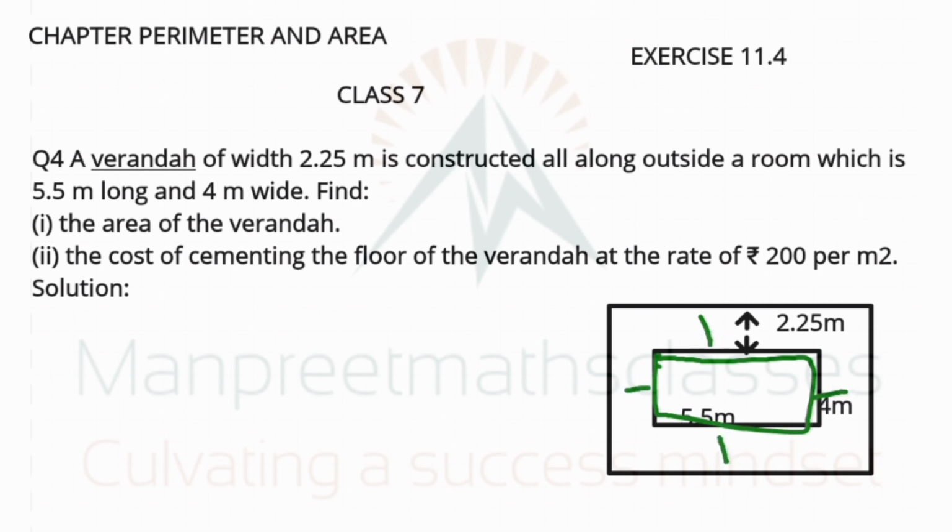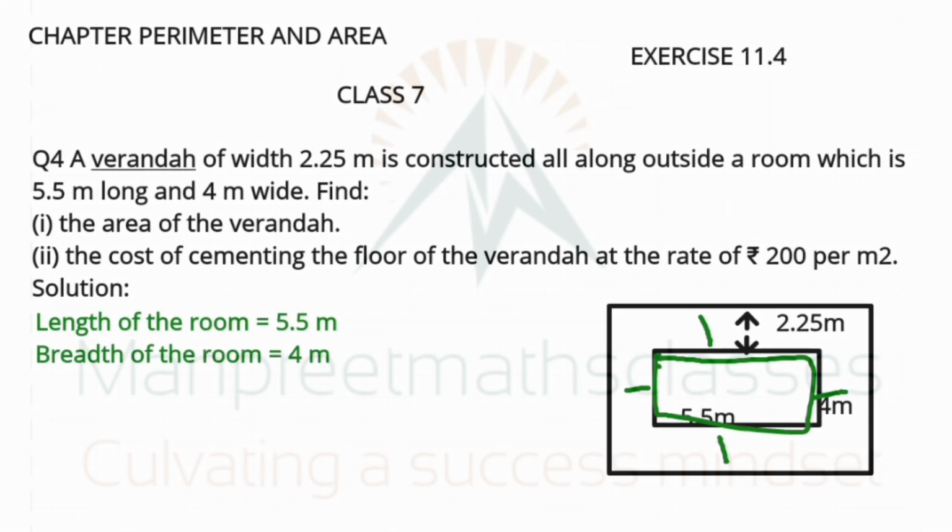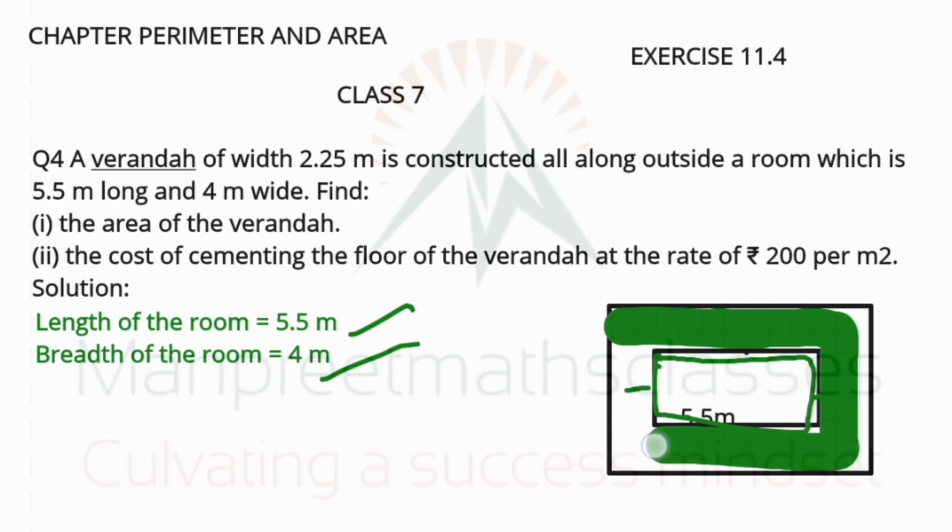Now what the question is asking, first they are asking us to find the area of veranda. So first of all we will write what is given to us. Length and breadth of the room is given to us. I have written that. Now we need this area, the area of veranda. For this area, we will find the outer area. You can see both are in rectangular form.